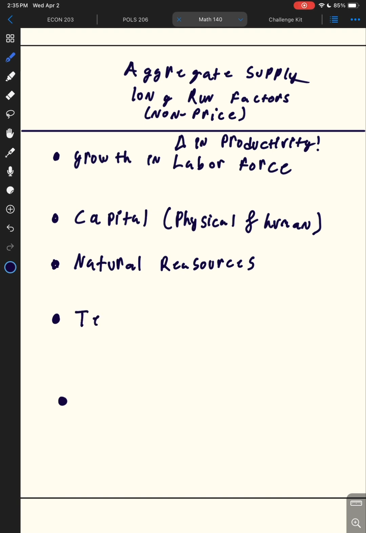Along with technology, technological advancements, and government regulations. And one thing to remember is whatever shifts the long run supply will shift the short run supply, but not everything that shifts the short run supply will shift the long run supply.